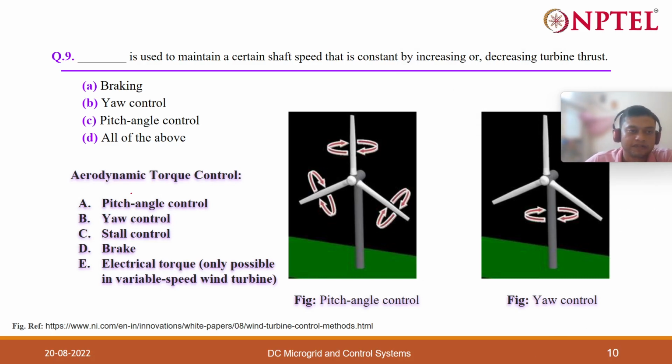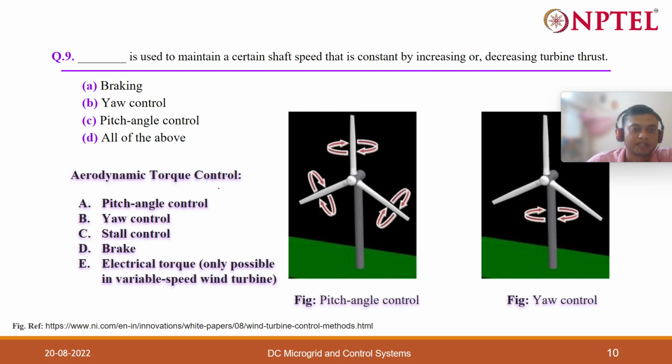If you see, there are 4 types of aerodynamic torque control, and a fifth, electrical torque, but varying the electrical torque is only possible in a variable speed wind turbine. For a fixed speed wind turbine, we can't vary the electrical torque, and that's why we can't vary the aerodynamic torque.